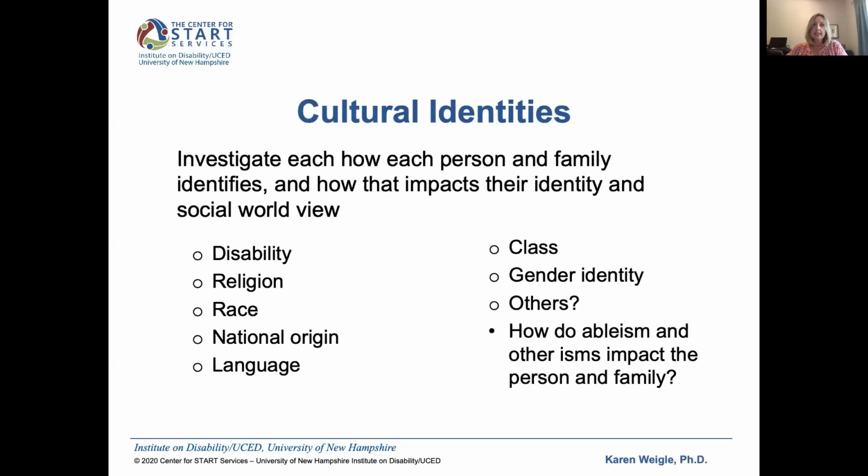So we need to first consider that, but there are also multiple cultural identities that we all have and that we all need to consider with each person that we work with and their families. It can be religion, race, national origin, language, class, gender identity. There are multiple identities that we all carry around and cultural histories that we have.